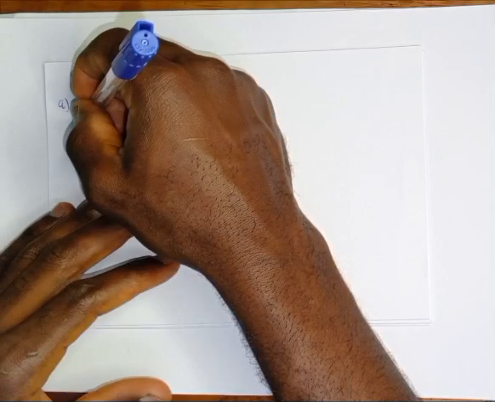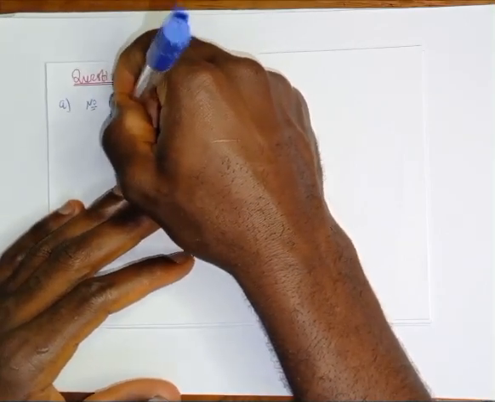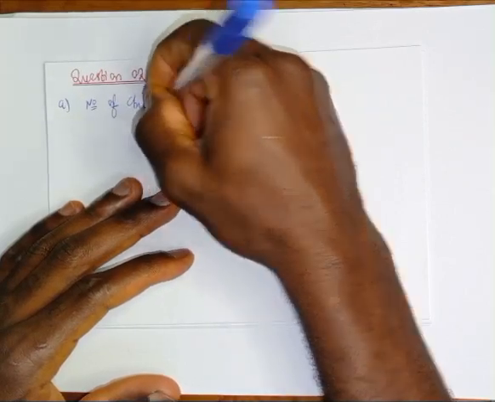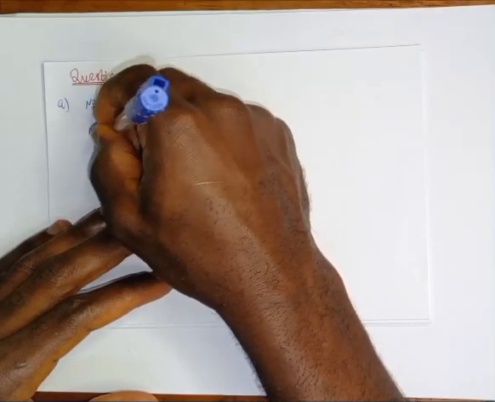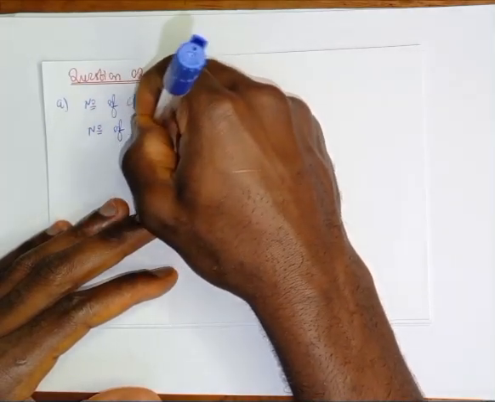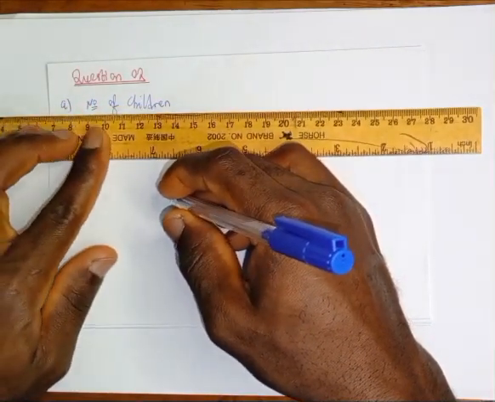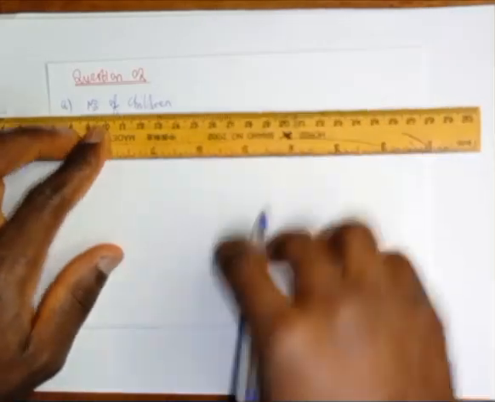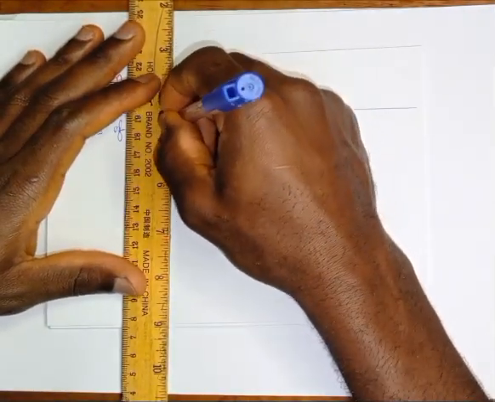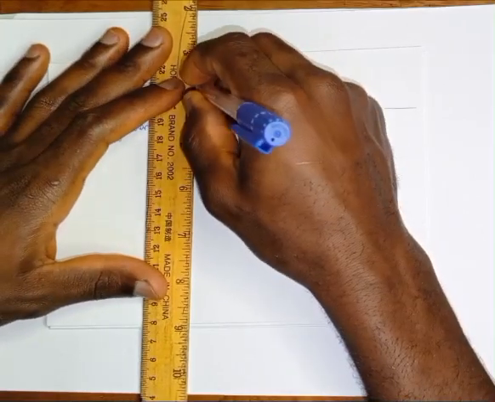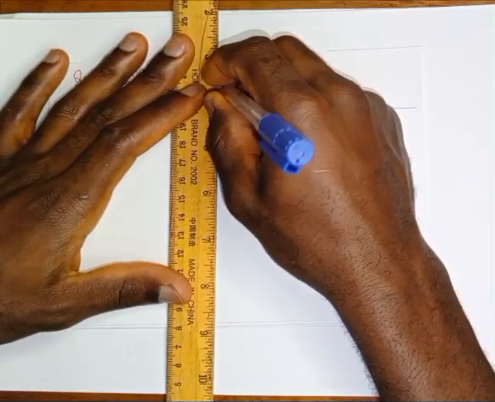Here we have number of children, first row. The second row we have number of workers. This is a frequency table. For 0 we have 3 workers. 1 child we have 6 workers.